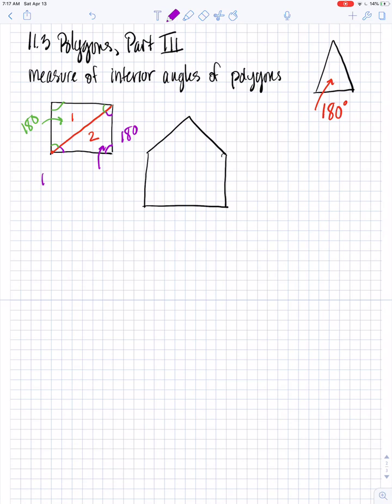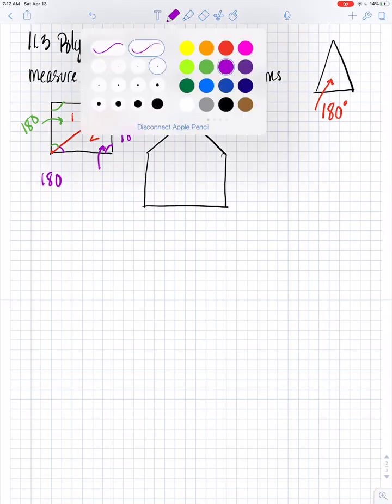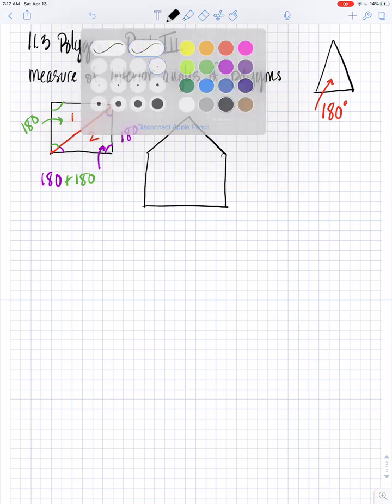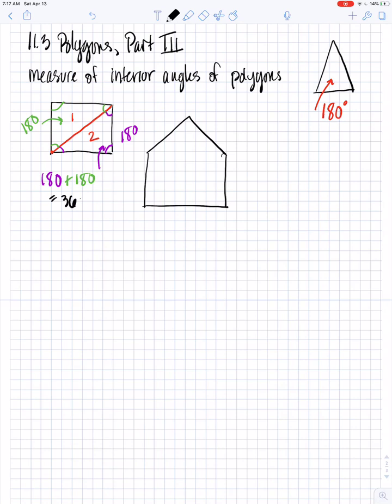So the sum of the angles for the entire quadrilateral is 180 plus 180, and that's going to equal 360 degrees. And that actually ends up being the truth for any quadrilateral. The sum of the interior angles is always 360 degrees.